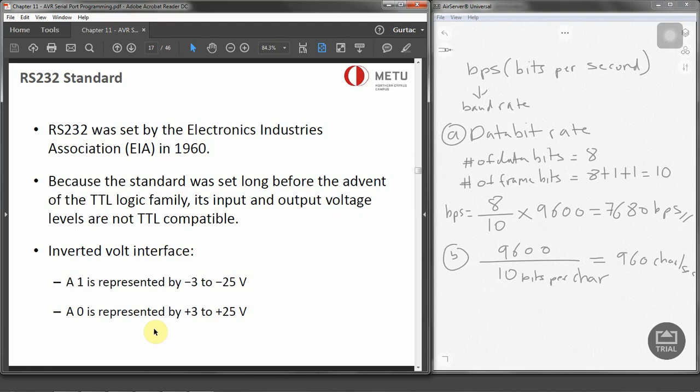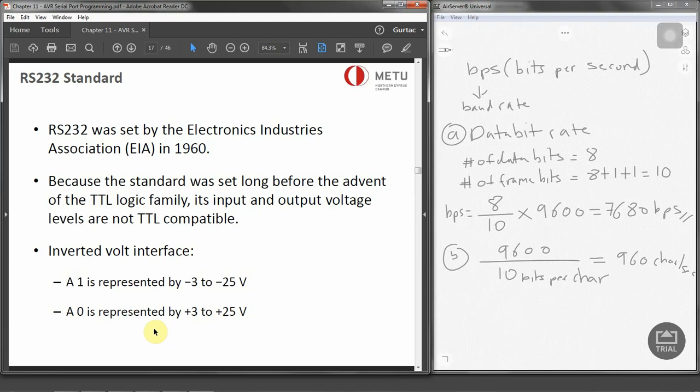So for this reason, if you want to connect RS-232 to your microcontroller system, we must use some kind of voltage converter. One of the most used voltage converters is the MAX232. It converts the TTL logic levels to RS-232 logic levels and vice versa. And MAX232 ICs are commonly used as line drivers, and you can find lots of variations on the market.